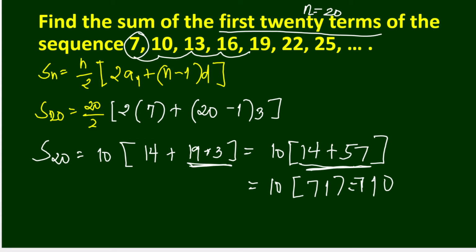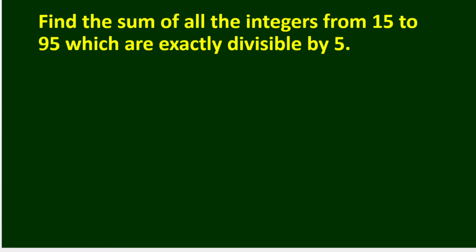Next example. Find the sum of all integers from 15 to 95 which are exactly divisible by 5. This means our first term will be 15, our second term will be 20, our third term is 25, and so on until 90 and 95.